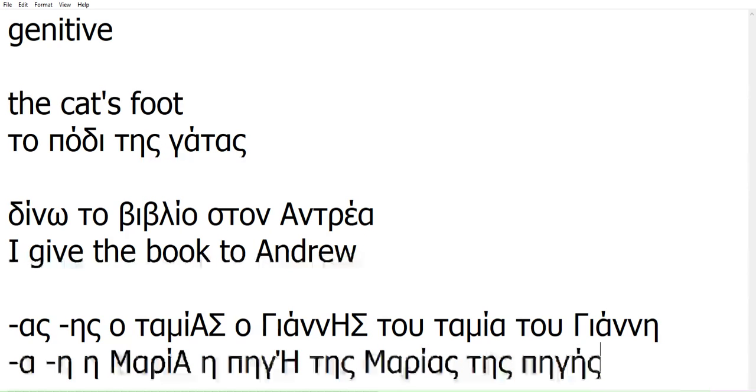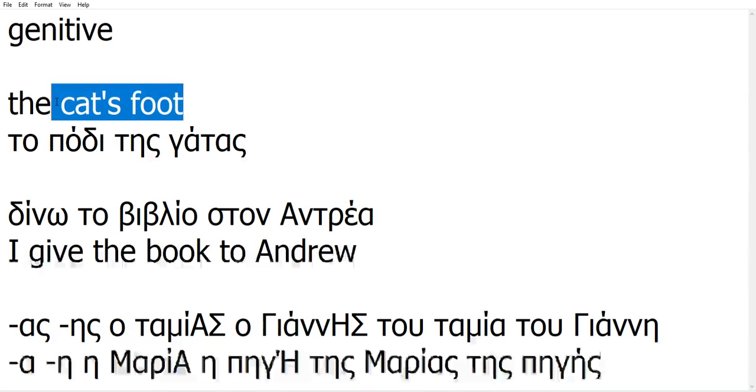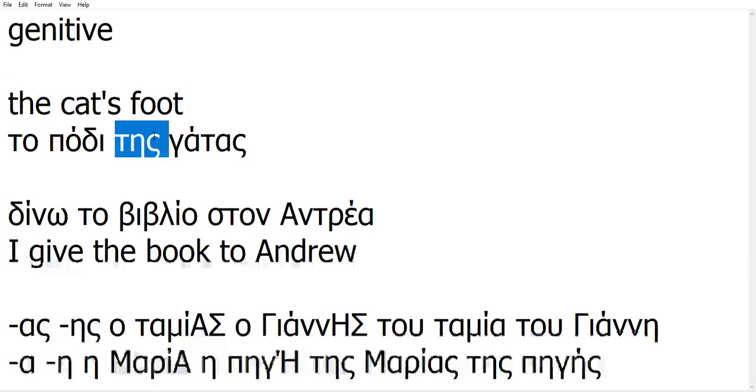The first one is possession. So let's have a phrase here, the cat's foot. And we use the genitive to say the same thing in Greek.